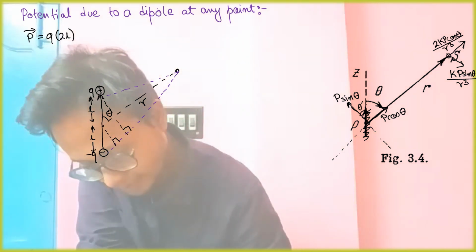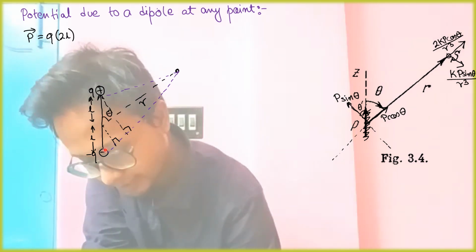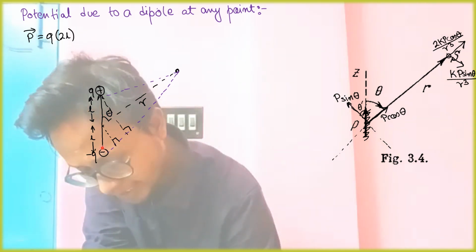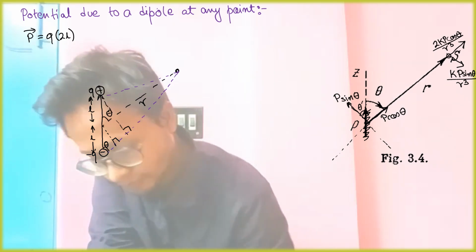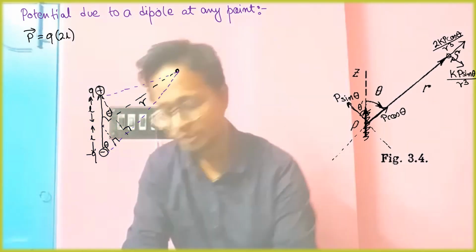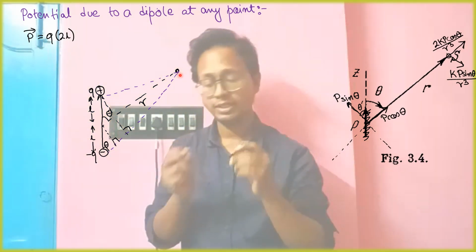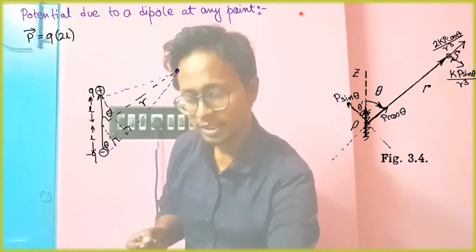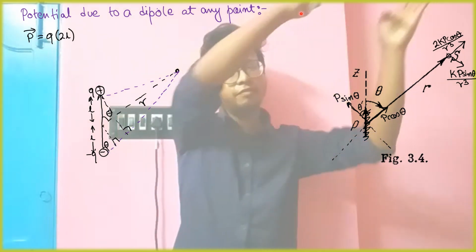If I say this angle is theta, this angle can also be said to be theta, no? Although by geometry I know these two lines are not parallel, the thing we have to see here is that this point is very far away. That means they converge only after a very long distance.